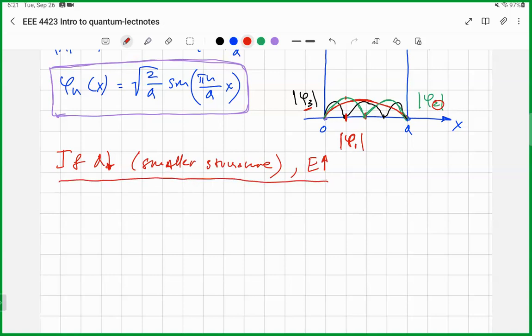Now, for example, you can take a quantum well and put an electron there. The electron gets some energy, and then you can try to squeeze the quantum well. If you squeeze it, the electron acquires some extra energy because of that.